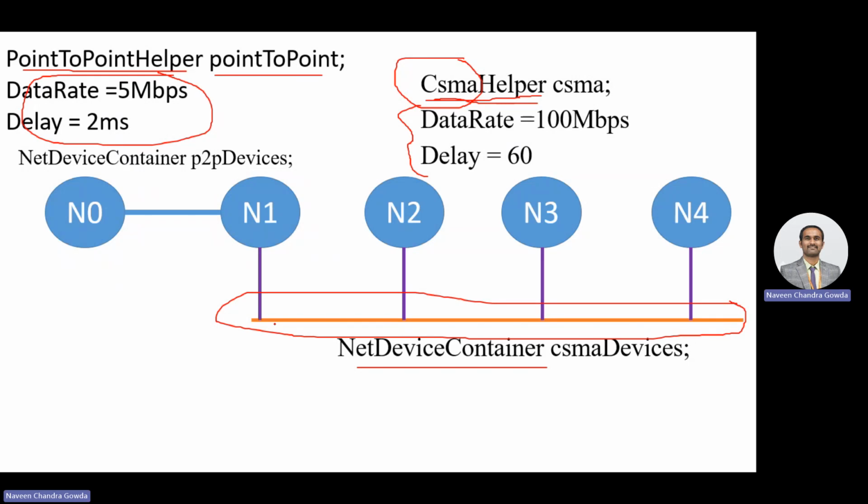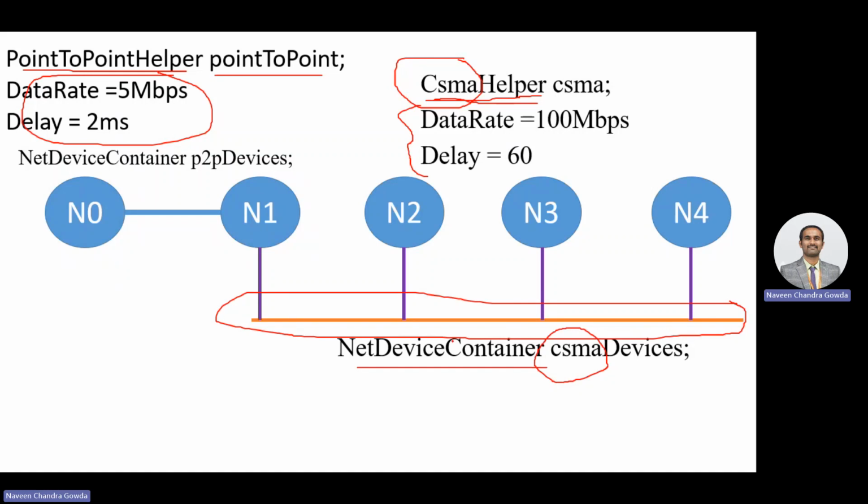When congestion occurs, it leads to collision, and then packets will be dropped, right? So when n number of nodes are connected to the same bus link and everybody starts communicating with each other at the same time, it may lead to congestion. How to avoid that? For that itself, we are utilizing CSMA here.